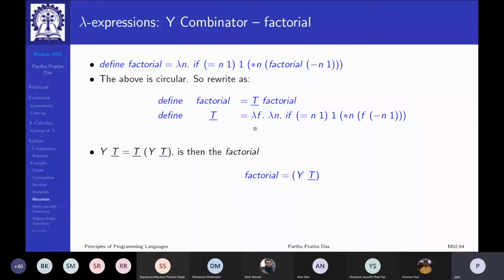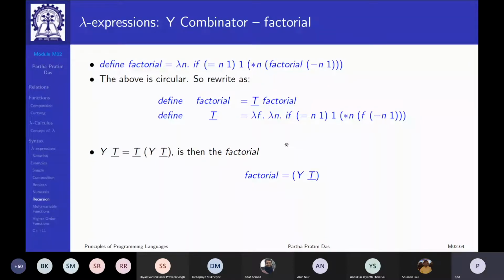We saw that if we write the recursive definition of the factorial using a function parameter f in place of the factorial, then the Y combinator basically gives us the factorial function.